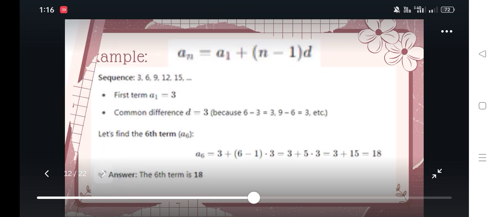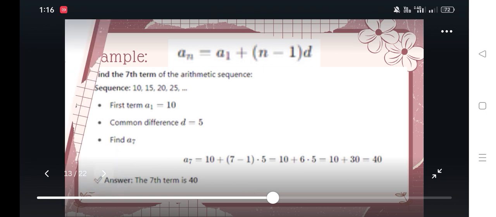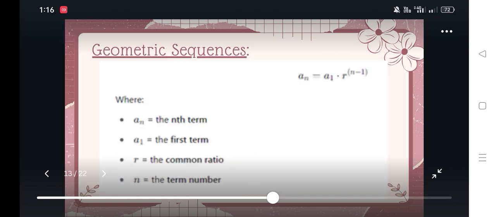In geometric sequence, we also have the nth term is equal to the first term multiplied by r, the common ratio. So kung sa arithmetic, we have d, the common difference. Sa geometric, we have r, the common ratio. Then it is to the power of n minus 1, or the term number.